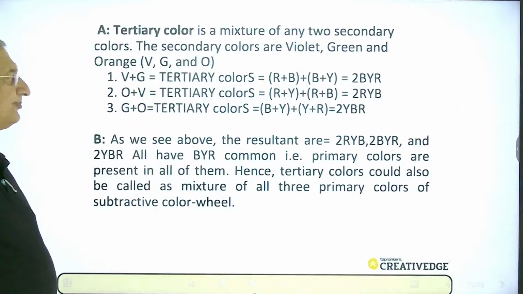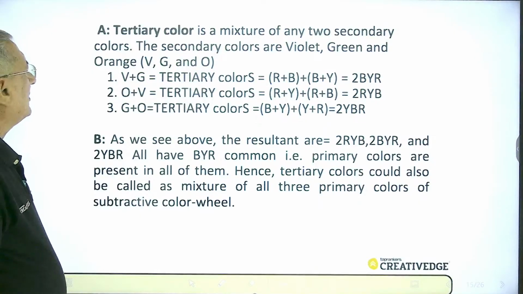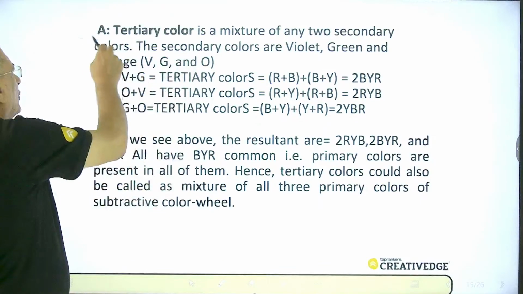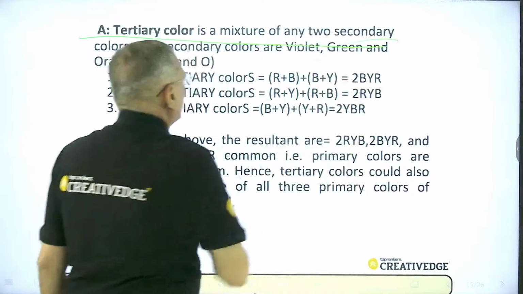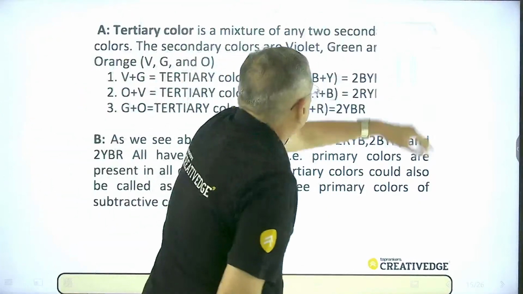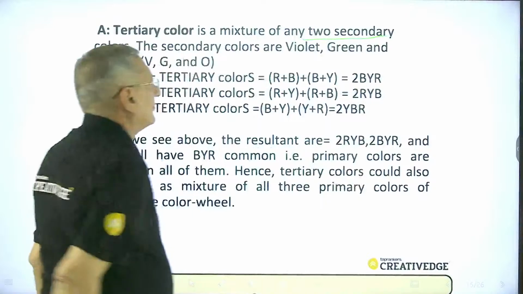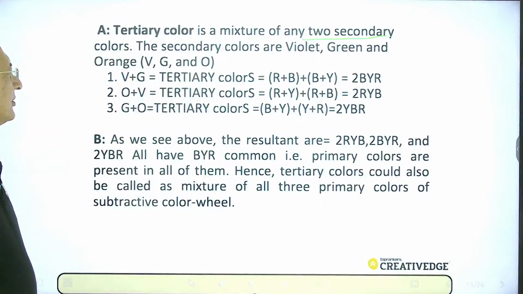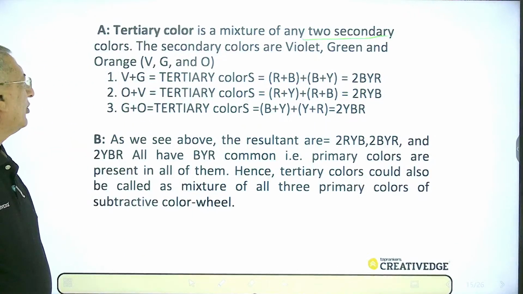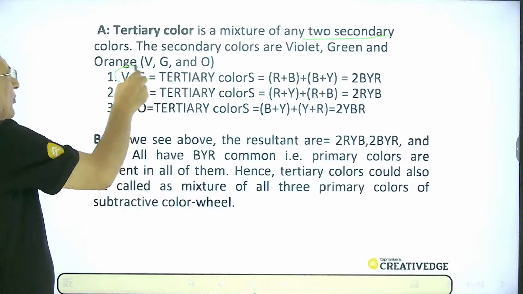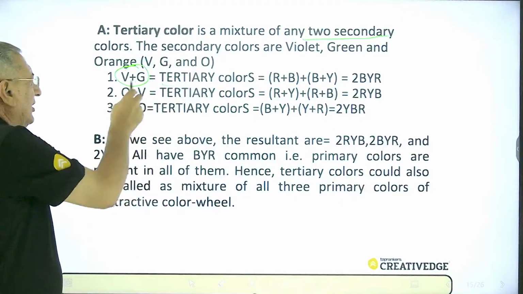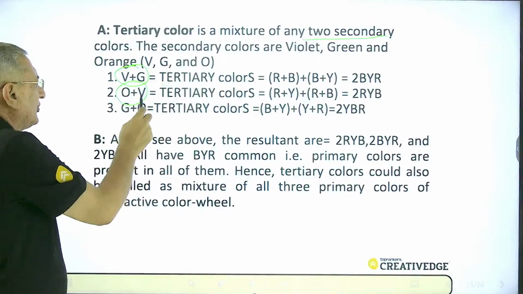Tertiary colors. These are a mixture of any two secondary colors. The secondary colors are violet, green, and orange. So if you mix V plus G, you get a tertiary color. O plus V, you get a tertiary color.